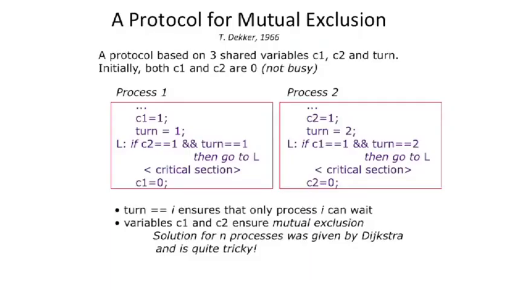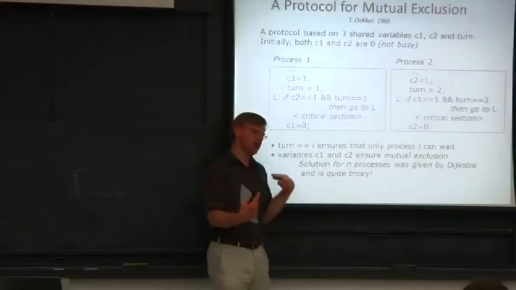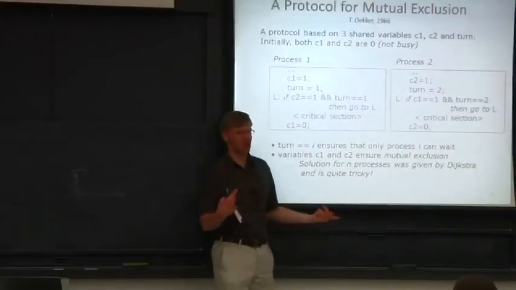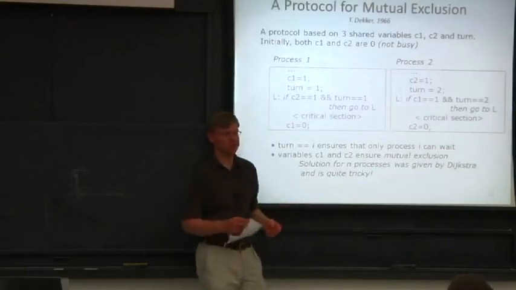But turn is no longer equal to 2 at this point, which is going to allow process 2 to fall through and execute its critical section. So it's this shared turn variable here which actually allows us to guarantee, if you have a contended case, that you're basically going to have a round robin between the two.